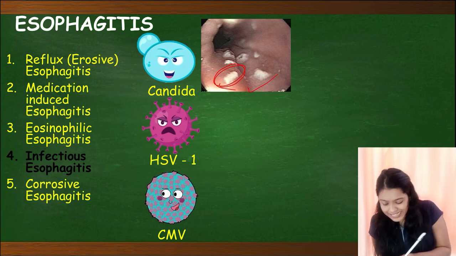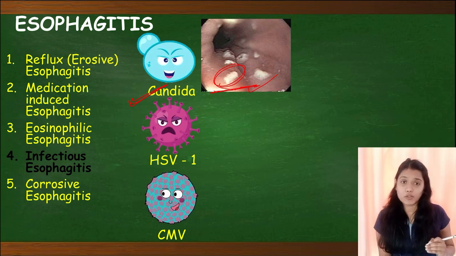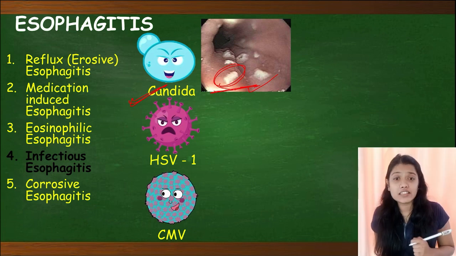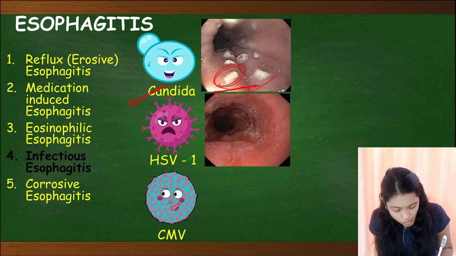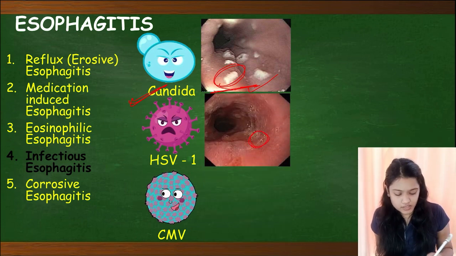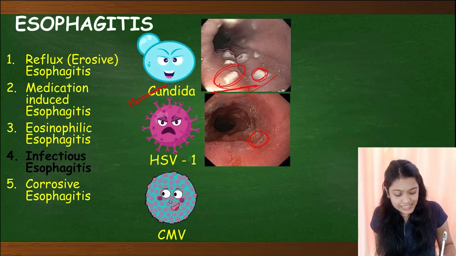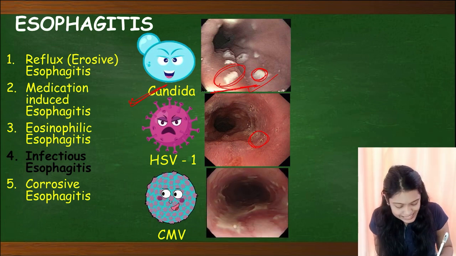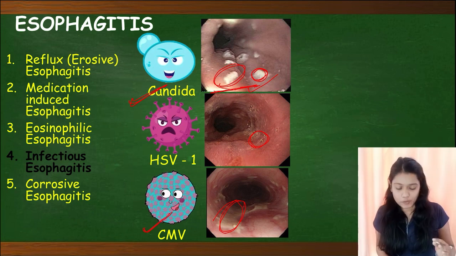In HSV1, there are multinucleated giant cells, intranuclear eosinophilic bodies, and Cowdry A inclusion bodies, with punched out ulcers seen, whereas in Candida it was white pseudomembranes. And in cytomegalovirus, there are linear ulcers seen, and basophilic inclusions in the nucleus and cytoplasm.